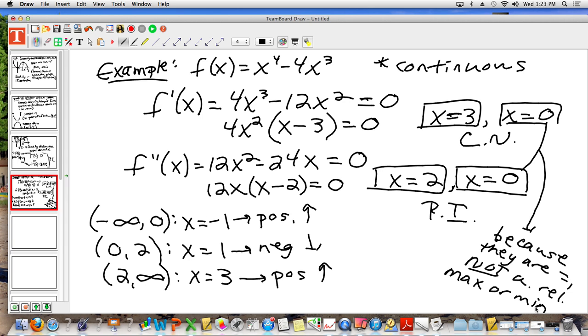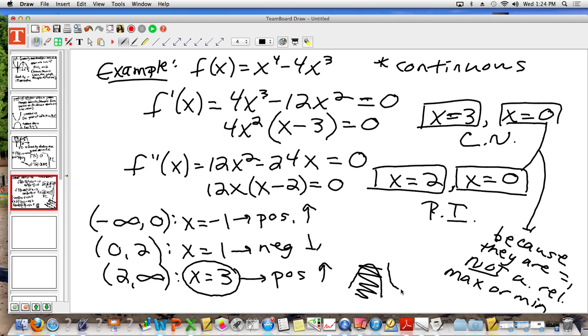You could look at the graph, yes, but that would be cheating. Use the table. Look at this. X equals 3. When x is equal to 3, the graph is concave up. And if it's concave up, we've got a situation like this. Sometimes I get all confused with concave up and concave down.